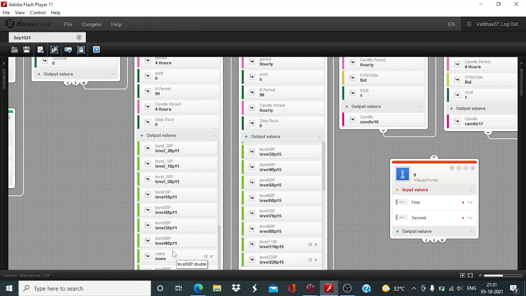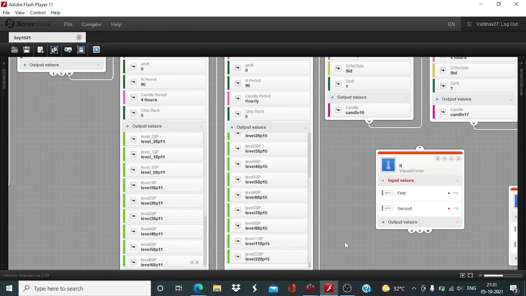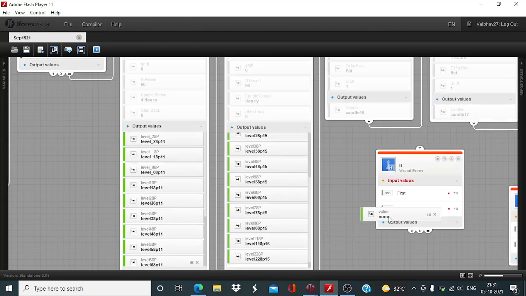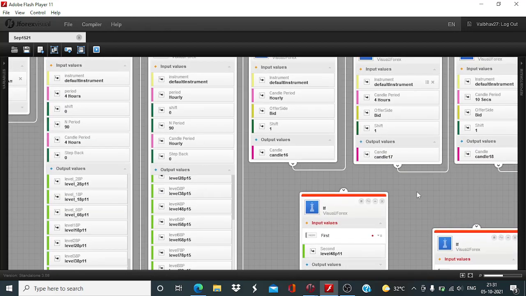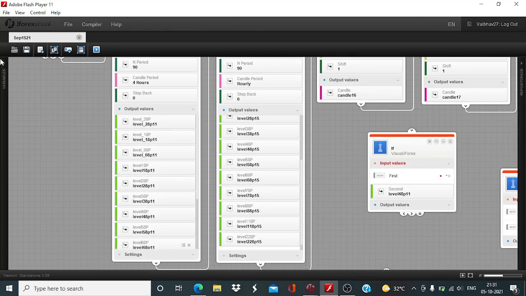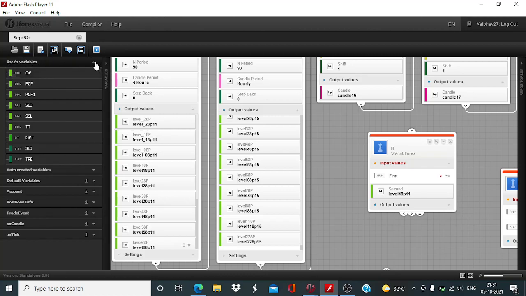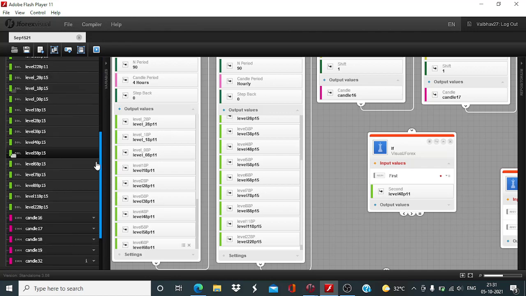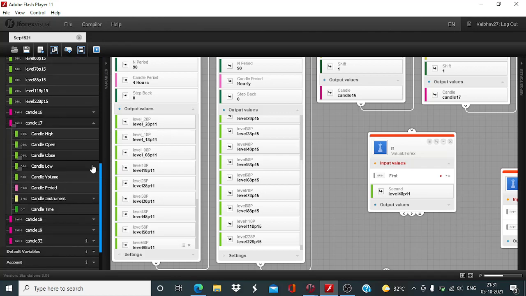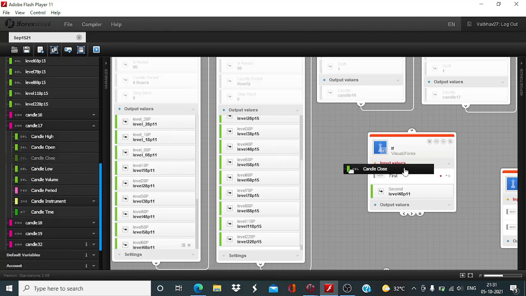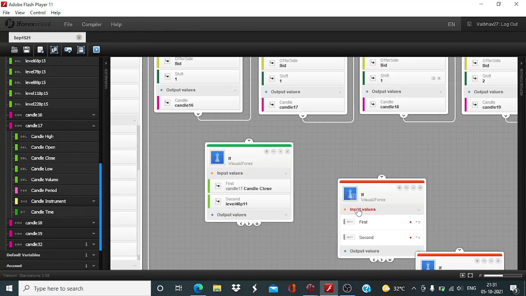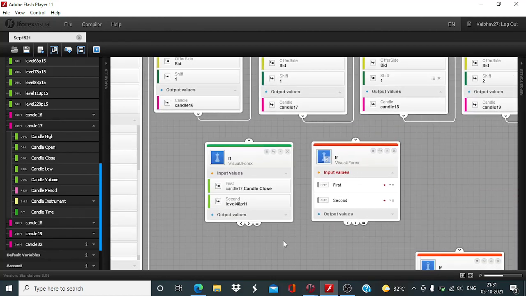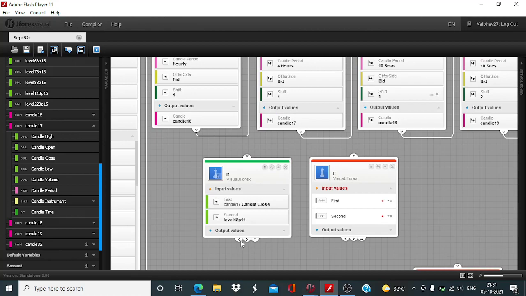So we have to take this level 48P11 and compare it to the candle 17 candle close. So we have this first input less than second input.